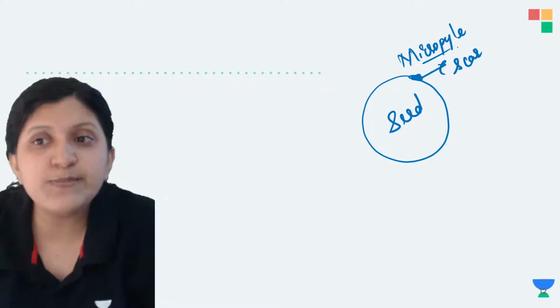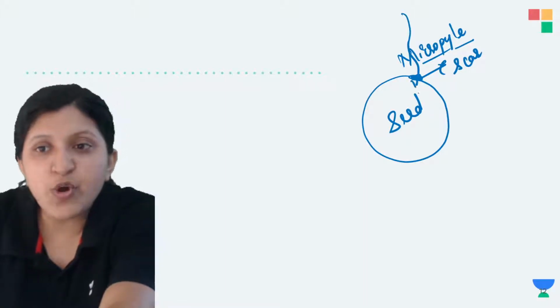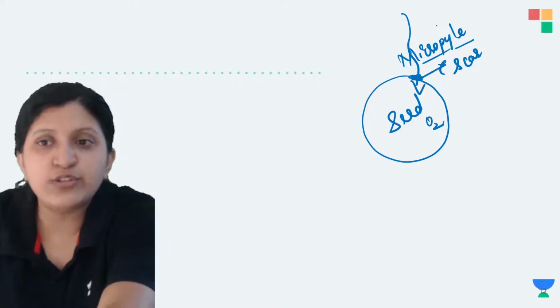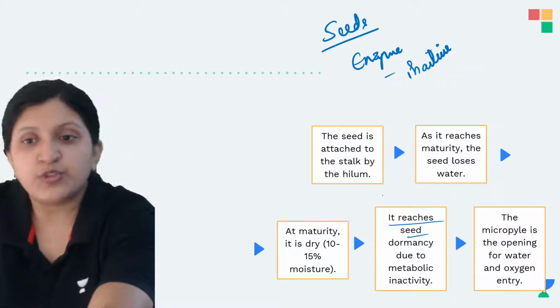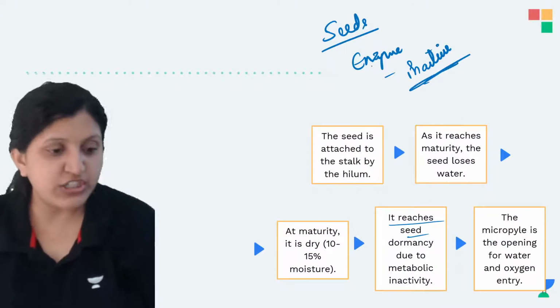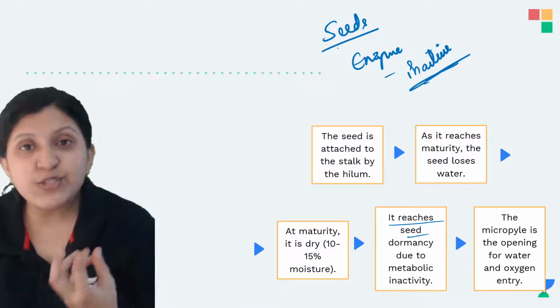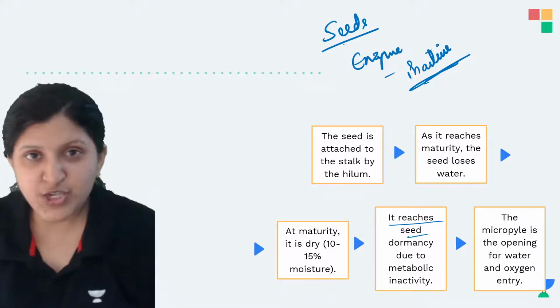Through this micropyle opening, oxygen and water enter inside, so a lot of changes are going to occur. The seed is in a dormant, inactive condition because it has not got the suitable conditions for germination.